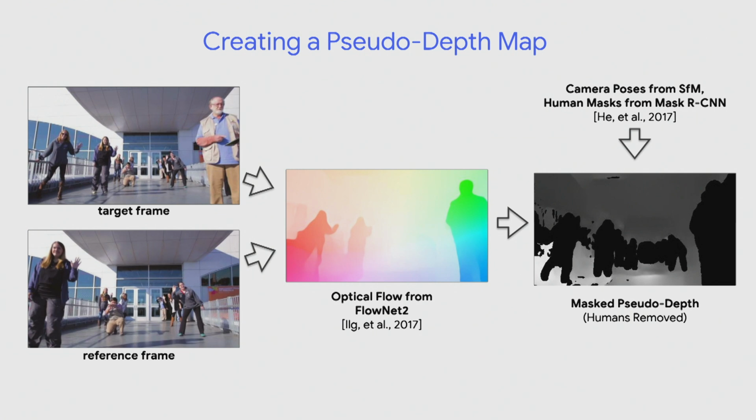So this is the thing that we're going to feed to our network: this pseudo-depth map that has valid estimates of the depth that are going to be somewhat inaccurate, but a decent place to start, at places that we think are not moving. And for this work, we're just assuming that anything that's not a person is not moving. So now our full model looks like this.